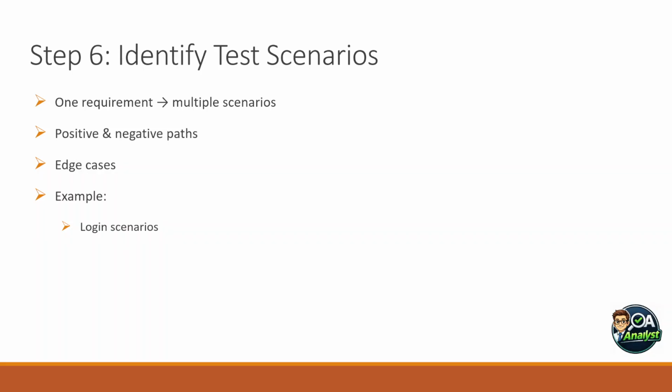Again, login with valid username and invalid password, and vice versa. These are the possible scenarios testers should identify in the requirement analysis phase. All these ideas come from requirement analysis, and it's not guesswork.